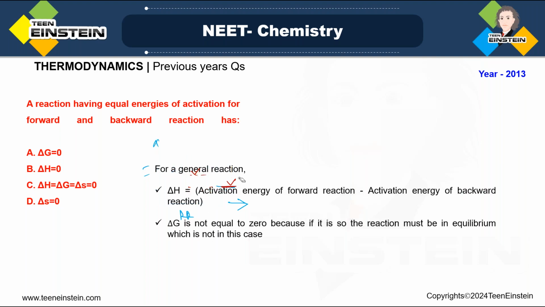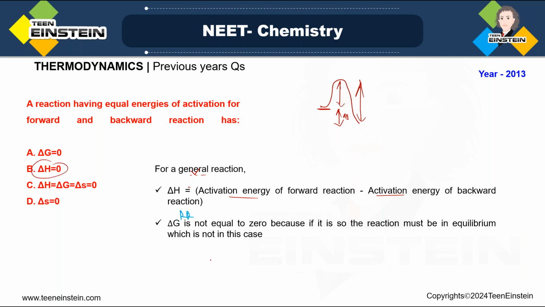So for a general reaction, remember del H is the activation energy for the forward reaction minus the activation energy for the backward reaction. If you are drawing it like this, this is the activation energy for the forward and this is for the backward, so it will be an exothermic reaction, and this will be the released amount of energy. But that is not our case, because when these two are the same, obviously del H will be 0.